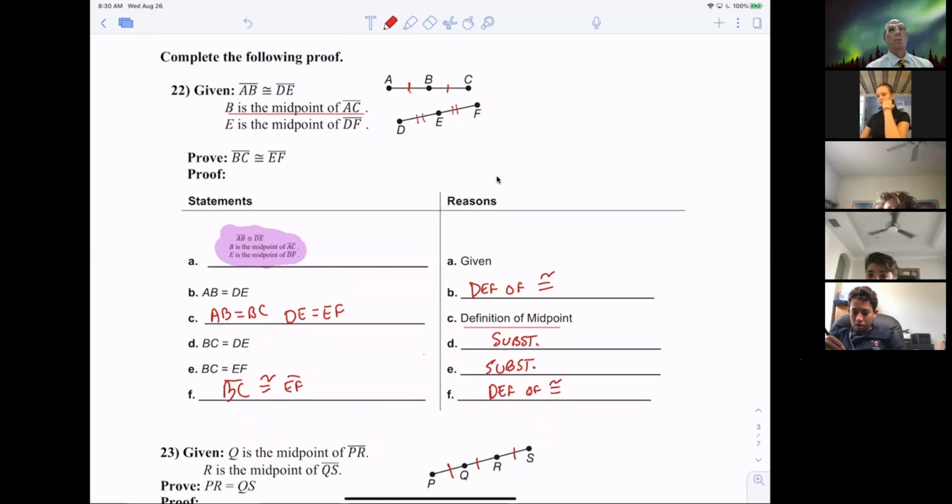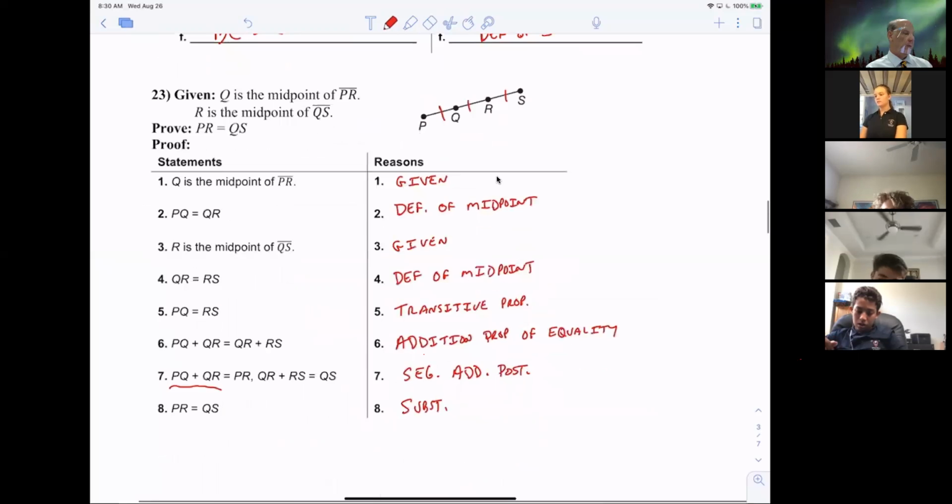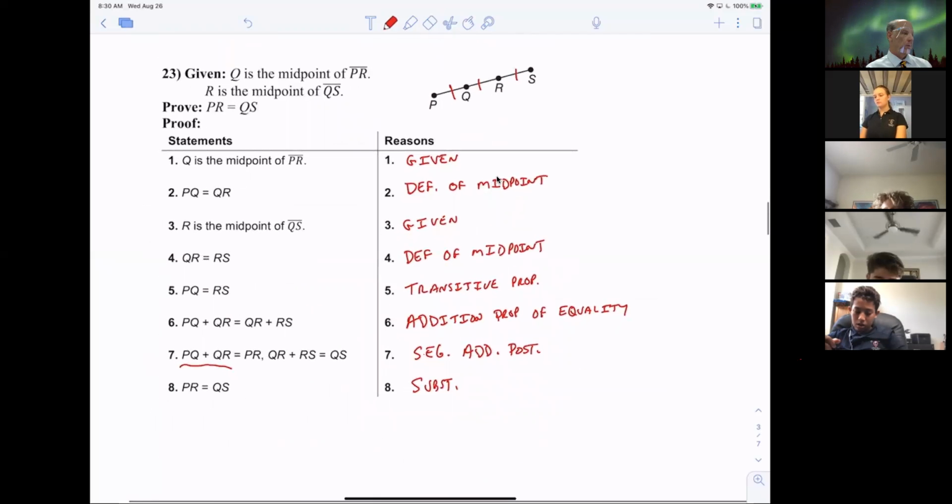Not too bad. 23. Q is the midpoint of PR. PQ is equal to QR. Kind of the same thing almost. Transitive property and substitution.